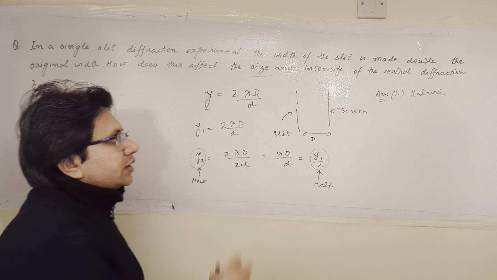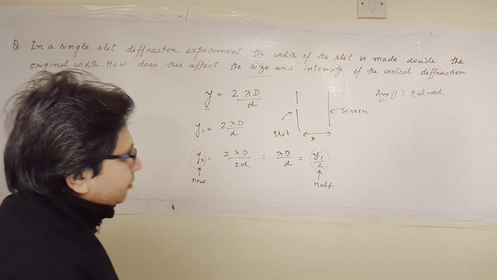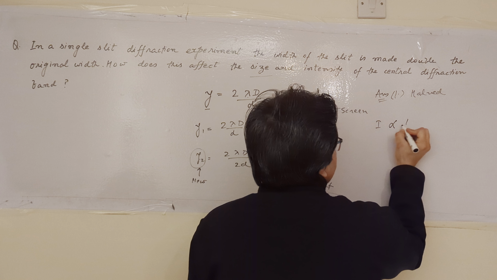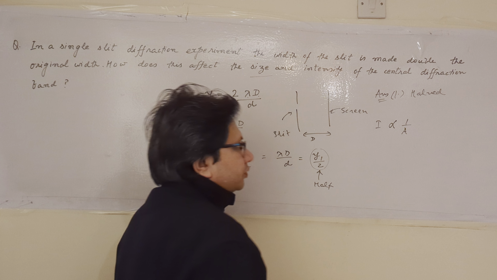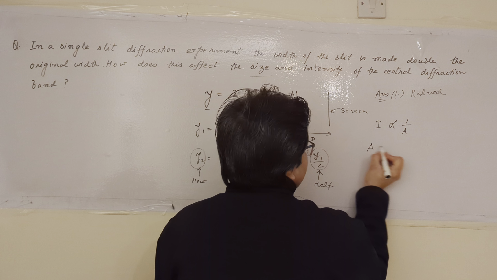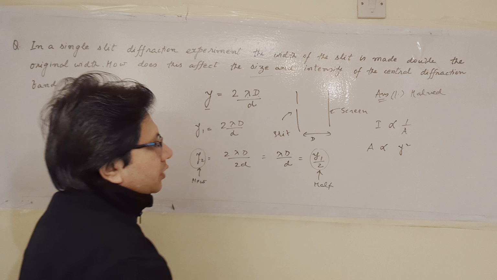Now the next thing is the intensity of the central diffraction band. The intensity is inversely proportional to the area, and we know that the area is directly proportional to y square, the central maximum width square.